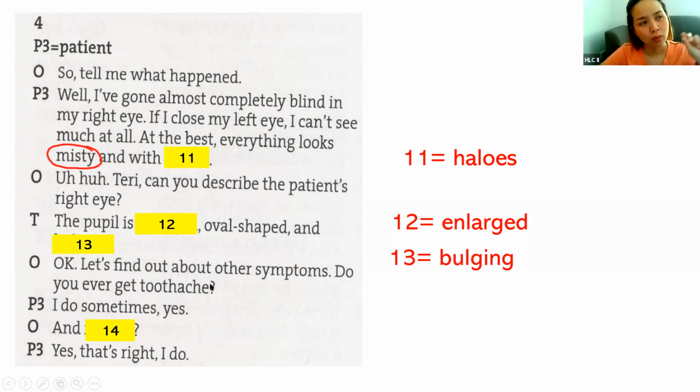So when you listen, you have to be really mindful. You have to pay careful attention, and you will hear it's not "tooth ache." The sound of these two words will be linked together, and it will sound like "toothache."